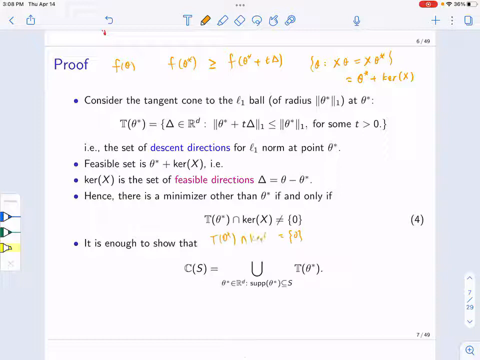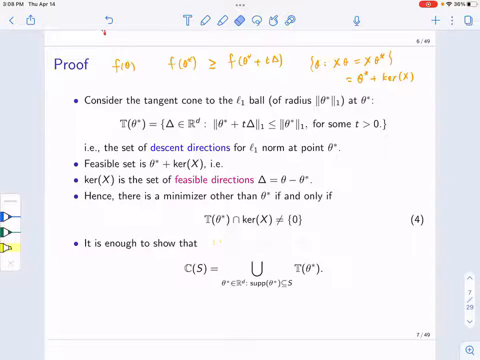If this holds, then for that particular theta star, we're going to have uniqueness. I want this to hold for all possible theta stars that have support in S. So basically, I want to show that if I take the union for all of these, the union is actually in the CS, then we're done. So that's basically the idea.